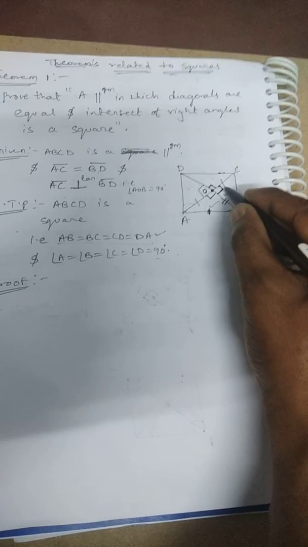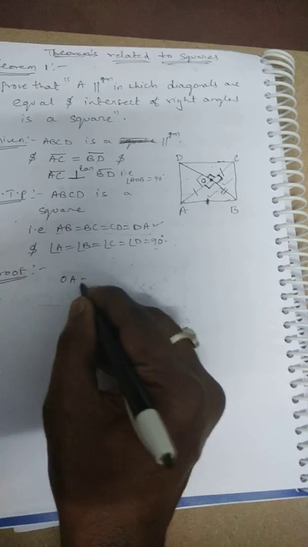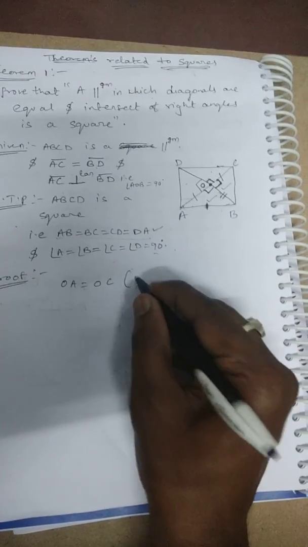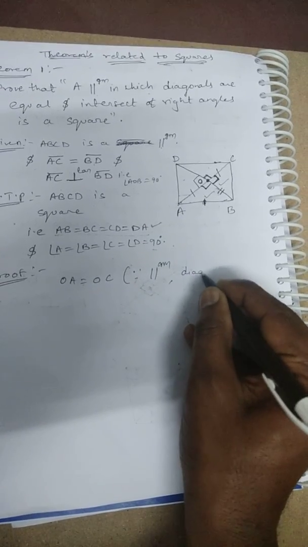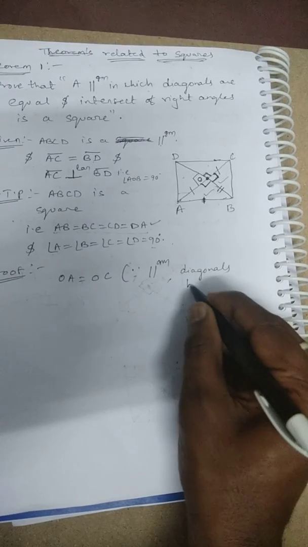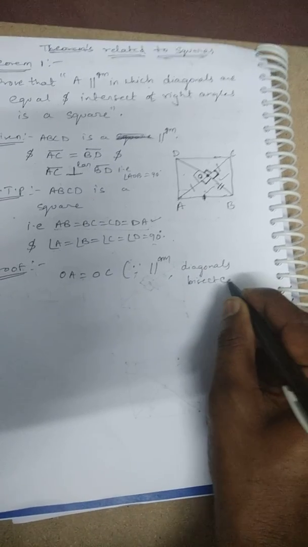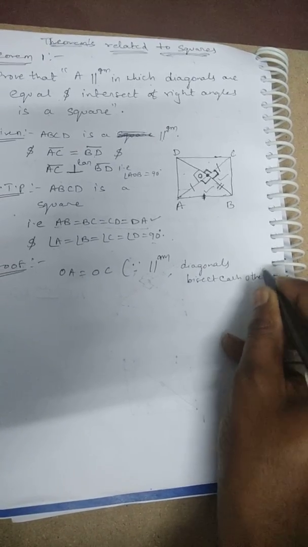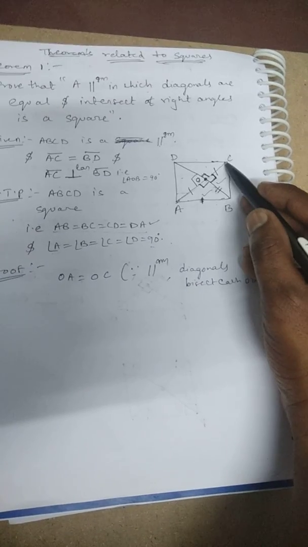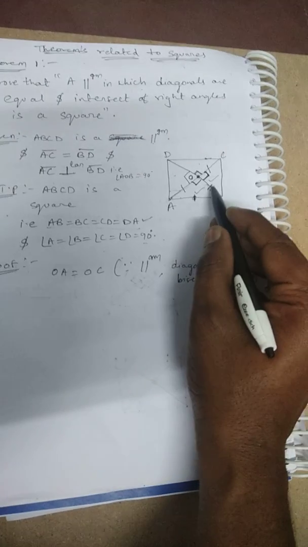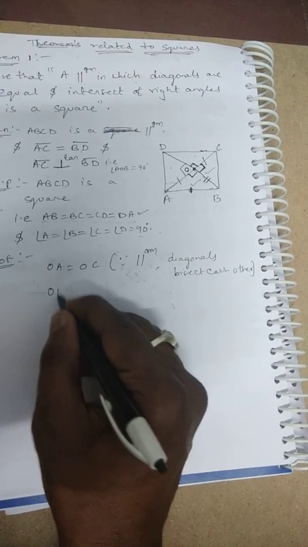OA is equal to OC, because in a parallelogram diagonals bisect each other, so OA part will be equal to OC part. This is the common side, OB is equal to OB.